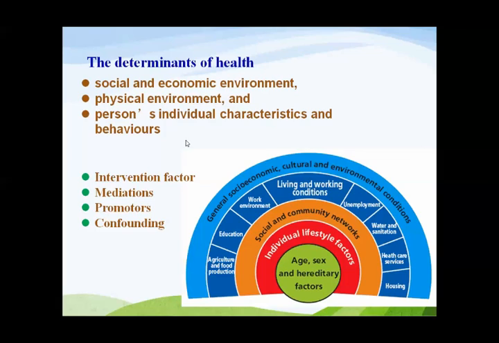So you see, these are all determinants. They can be a cause of disease, and they can also be a cause of prevention of disease. If these factors are available in a good way, they will prevent disease. If these factors are lacking, then automatically there will be negative effects on health.